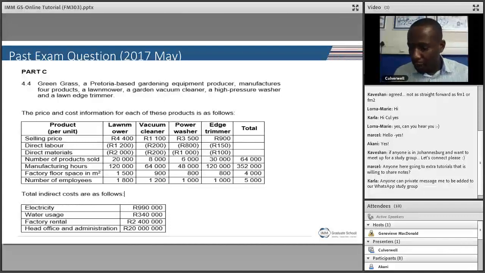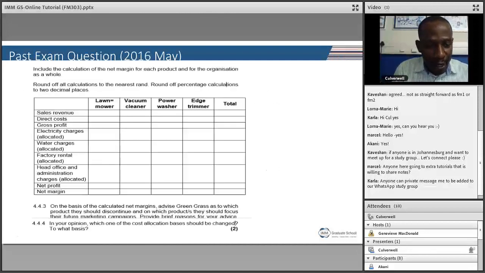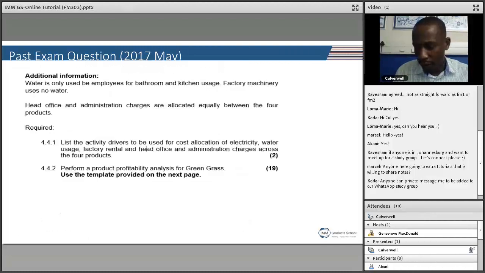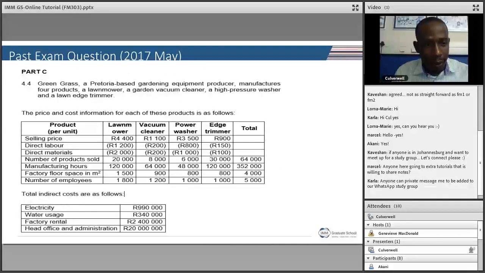So I've got my 2.8125 down. Let me also move on to the other ones: water usage, factory rental and head office. I'll write per unit so that when you do the calculation it becomes easier to make a reference to those. Remember, on water usage you say they're going to use the number of employees.